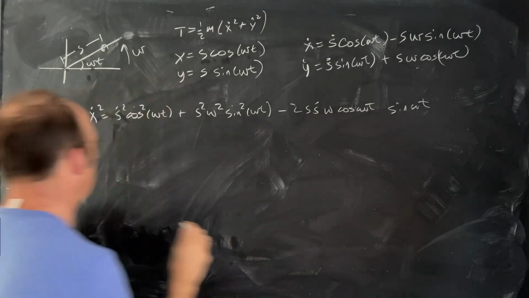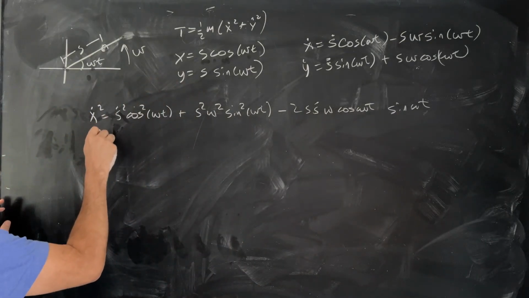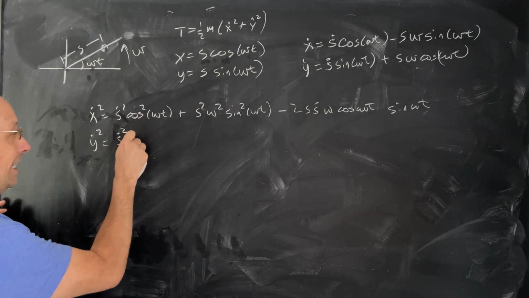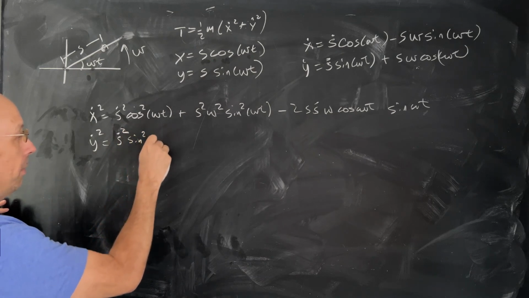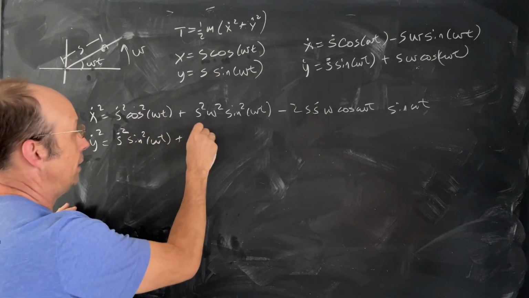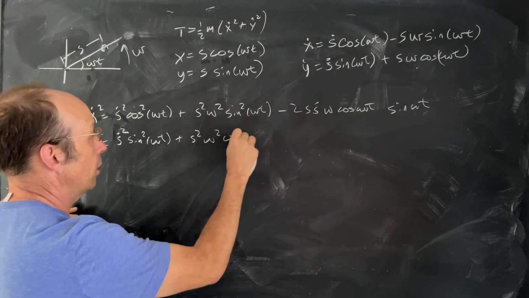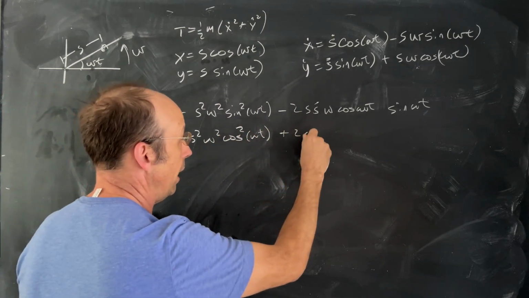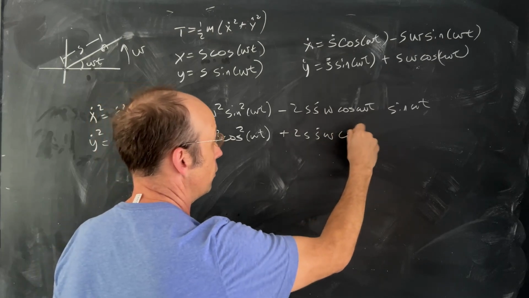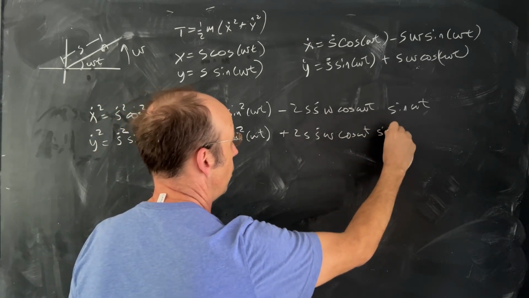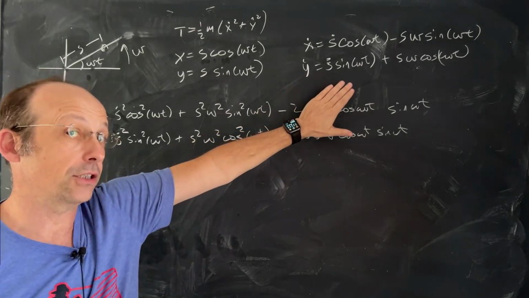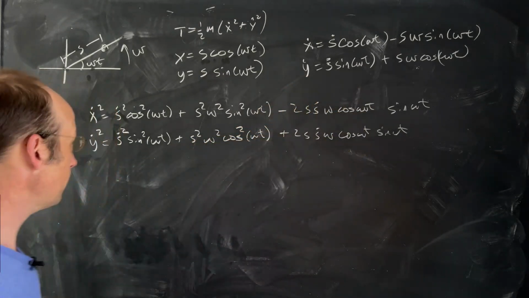I'm leaving the parentheses off because it's not going to matter. And then y dot squared is equal to s dot squared sine squared omega t plus s squared omega squared cosine squared omega t plus 2 s s dot omega cosine omega t sine omega t. So now when I add those two things together, I have a plus and a minus 2 thing there. They cancel.